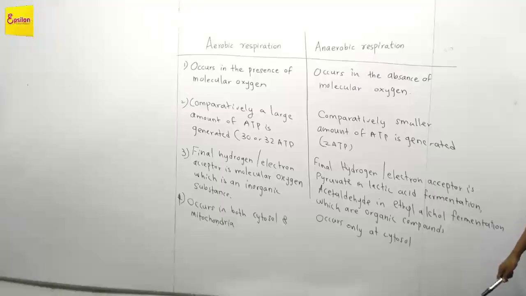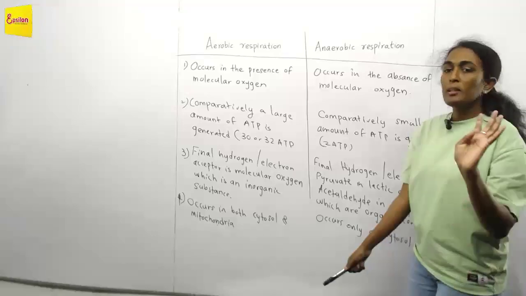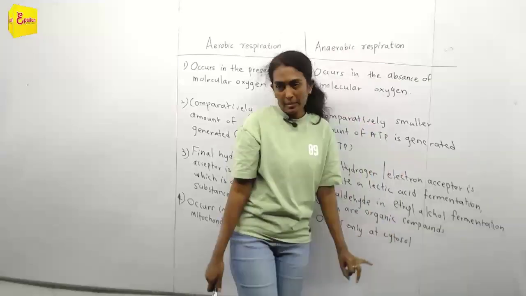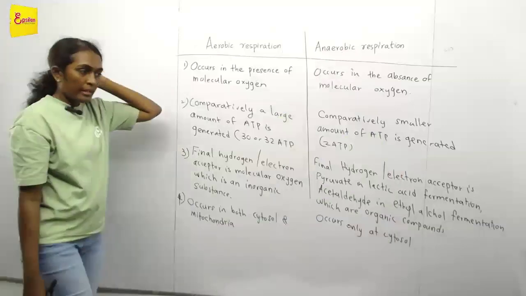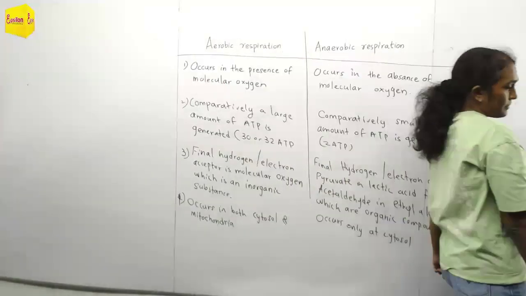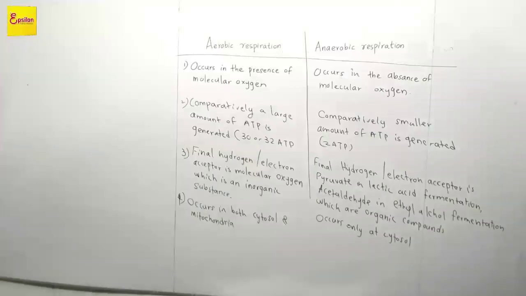Here, final products of ethyl alcohol fermentation are ethanol, carbon dioxide, and ATP. Right, write that too. NAD is reused.